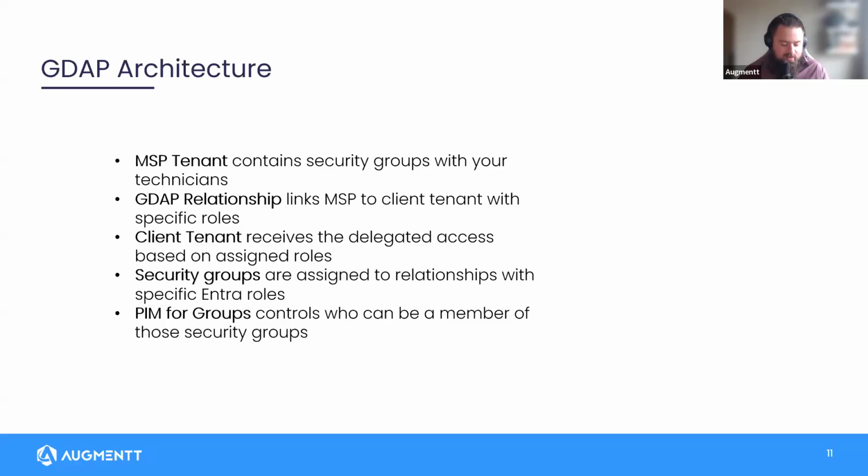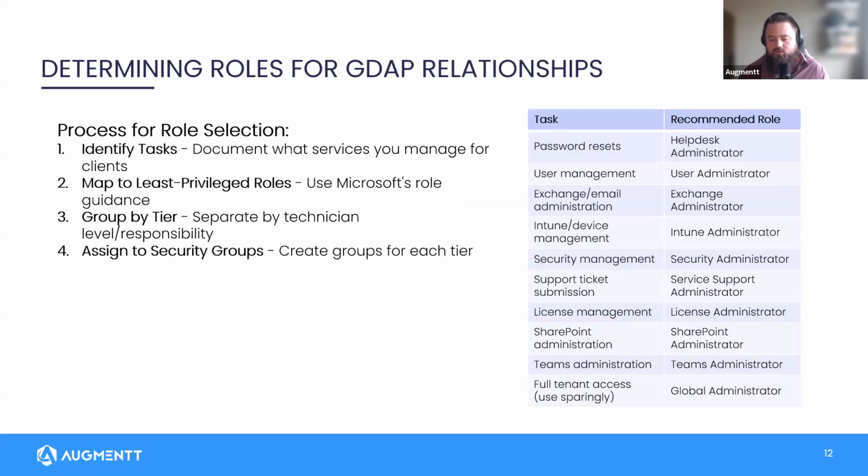The number one thing that I see MSPs work on, or in my opinion need guidance on, is this process here. I see many relationships where people have skipped doing this work of actually identifying what it is that your team does and requesting just those permissions. You can go into the partner center, request all roles, send that relationship link off.